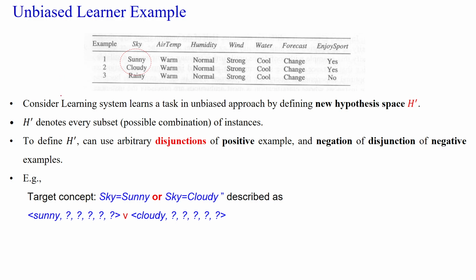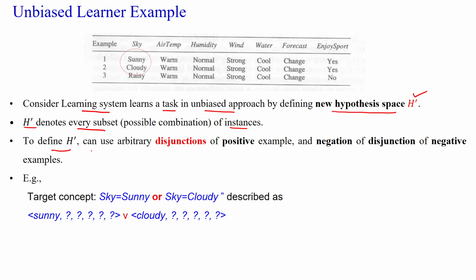So here the unbiased example is given. The learning system is learning the task in an unbiased approach by defining a new hypothesis space H dash. Here H dash is the hypothesis space, which is a subset of the given instances in the data set.